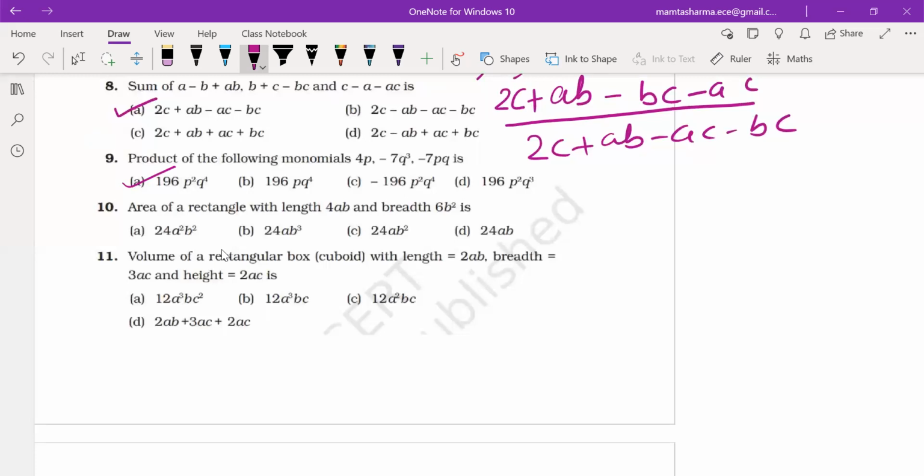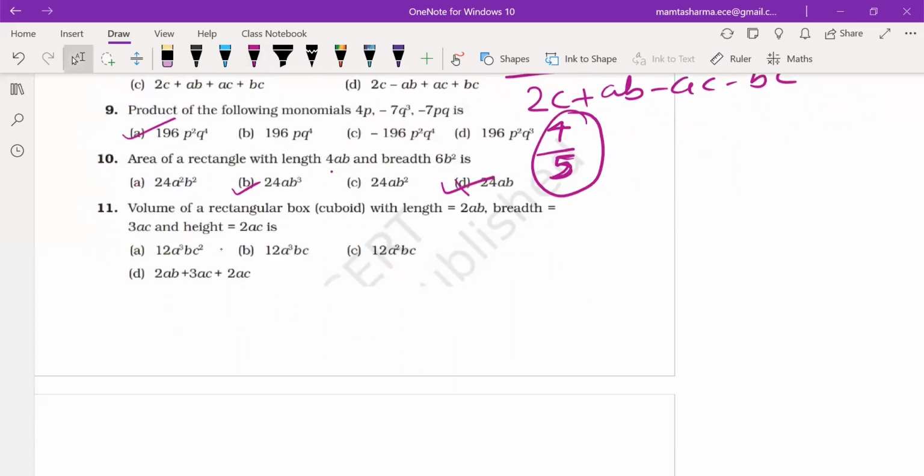Next, last question. Area of rectangle. B. Ma'am, 6 fours are 24, so the answer is B only. So Tanvi got 4 out of 5, same as Ananya. Okay, congratulations, Tanvi.